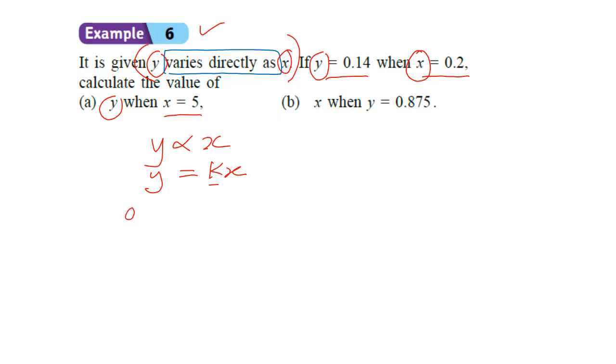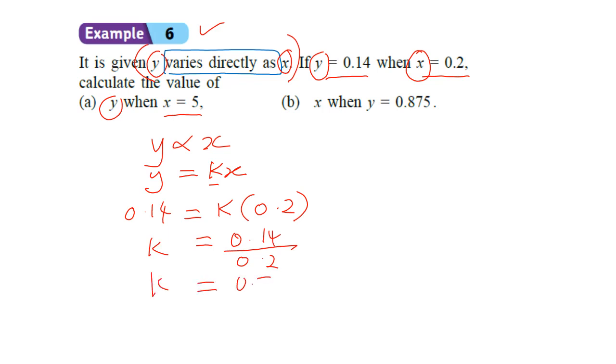You just substitute your y, 0.14 equals k times 0.2, your x. So k will be 0.14 divided by 0.2. You will get your k, 0.7. With this 0.7, now you complete the equation. y equals 0.7x. So with this, you can find your y.